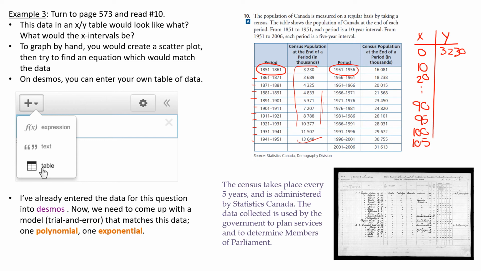So take a minute and just finish that table, fill it out, and then when you come back, I will show it in Desmos, and then we will come up with a model, and we're going to use trial and error to match this data. We're going to do a polynomial and an exponential. So first I want you to press pause and finish the table.